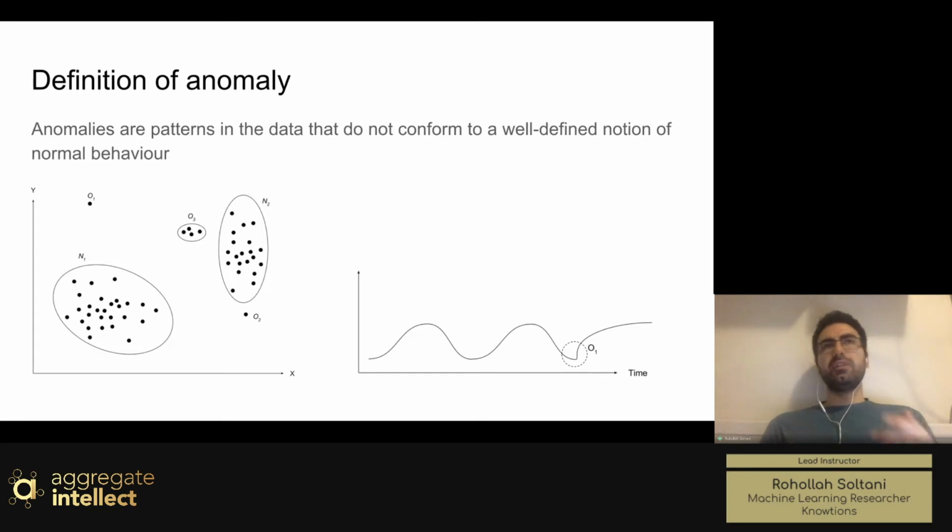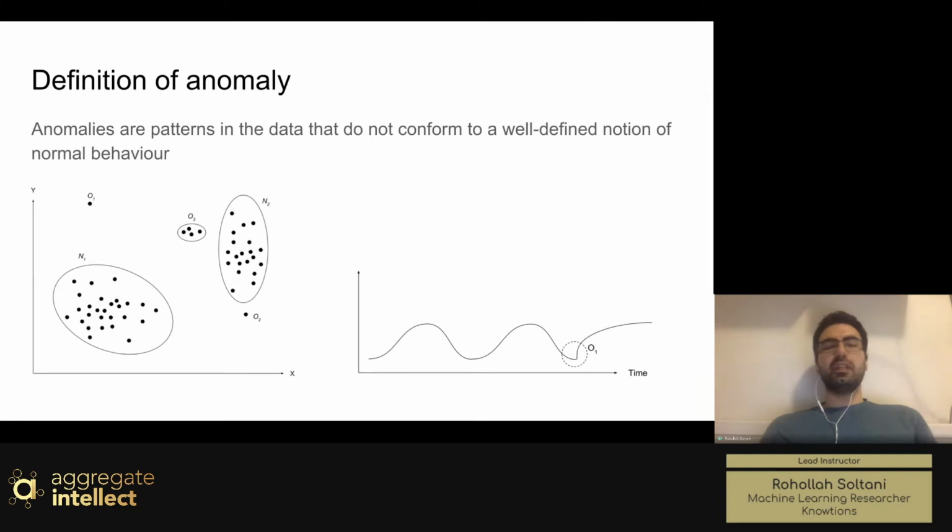Anomalies can have different types. They can be point anomalies or global anomalies, which means a single instance of data that is too far from the rest of the data. Like here in the left picture, you can see that O1 is far from the rest of the data, and the density of samples in that area is super low, so it's very sparse.